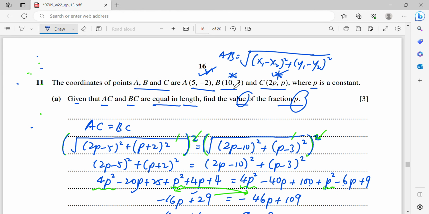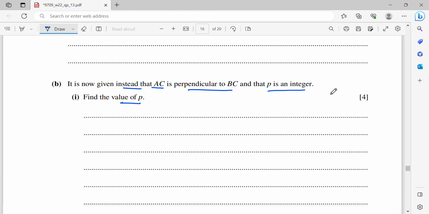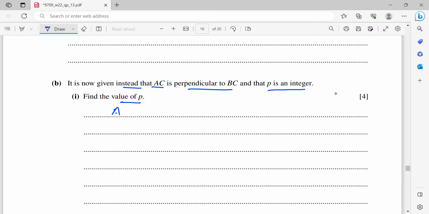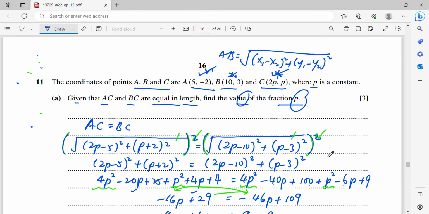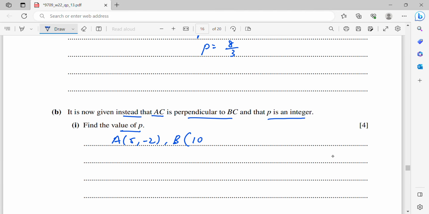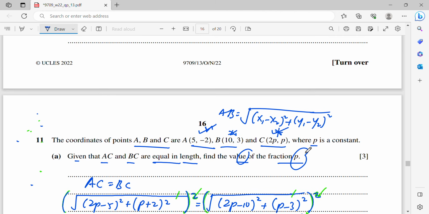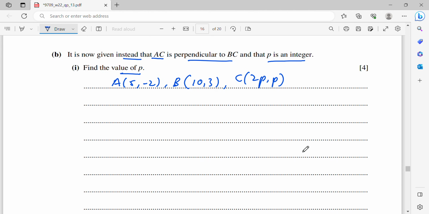Alright, so I will write down the coordinates first. A will be 5, minus 2. B is 10, 3. C will be 2p and p. Okay, so now I need to calculate the gradient of AC, because it's mentioned AC is perpendicular to BC.